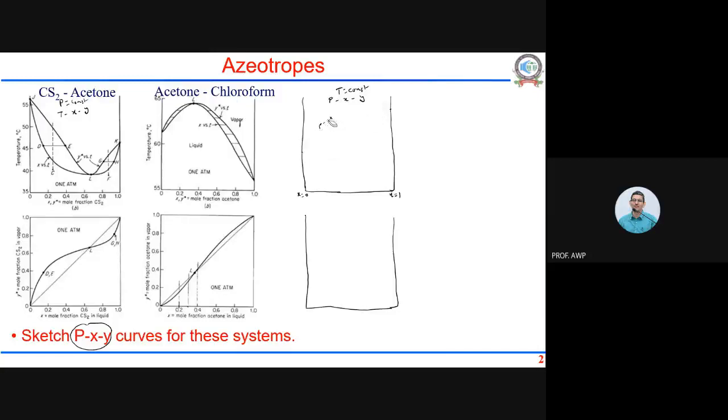Now how will it look? The azeotrope is at 0.65, let's say, for CS2 and acetone. This is for CS2 and acetone, and acetone and chloroform we will draw here.